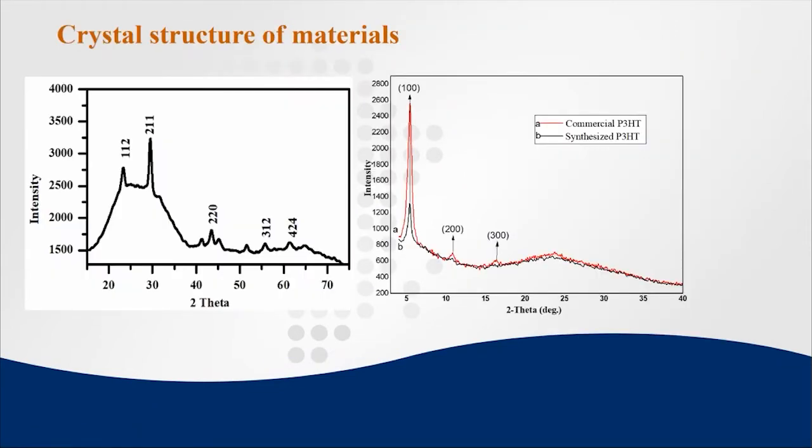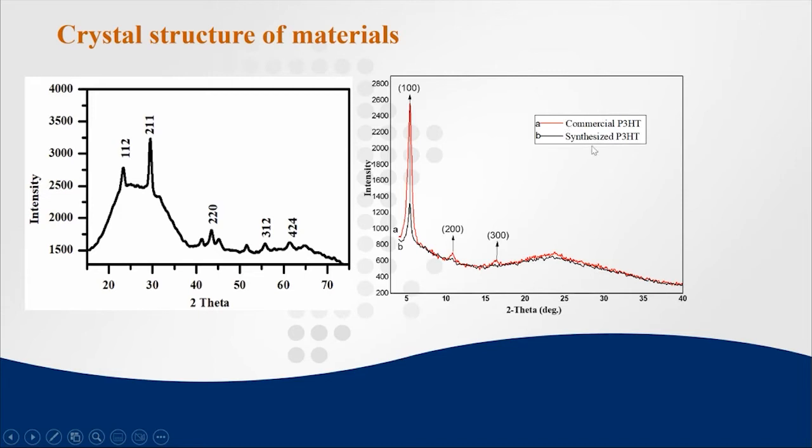Another important point is that for these materials, we can complement or compare the prepared materials with the commercial material to ensure that whatever we have synthesized is behaving much better than the commercial.